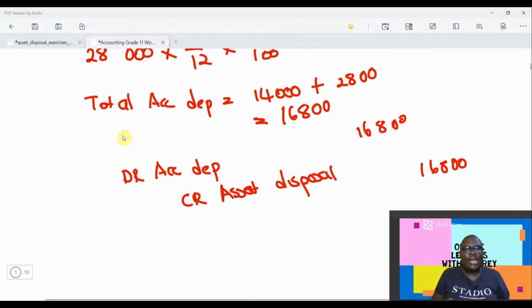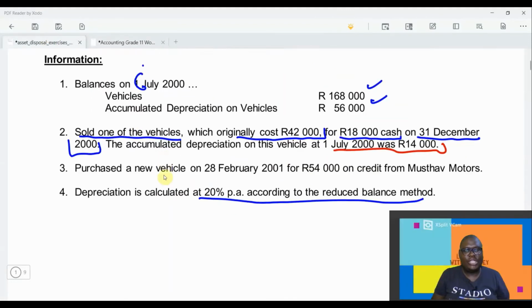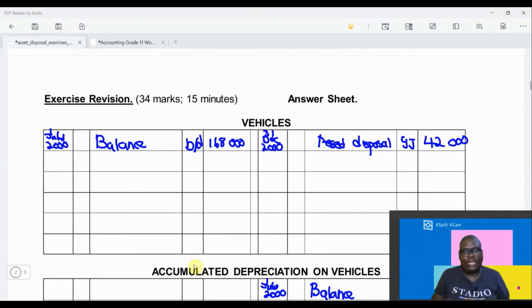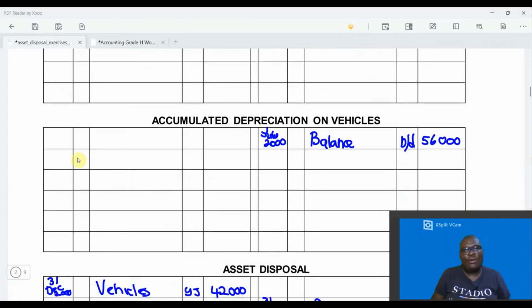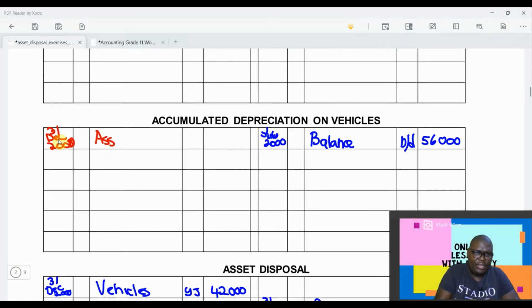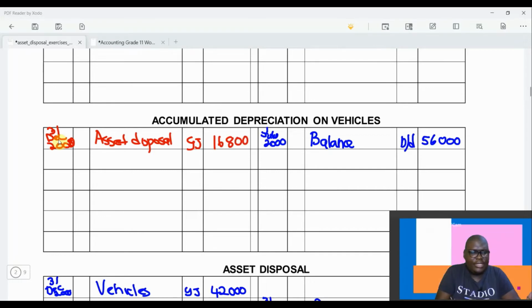Okay, now we're going to go to the accumulated depreciation account. Remember, because we are disposing, the accumulated depreciation account should be reduced. And when was this vehicle sold? On 31 December. So here, on 31 December 2000, sorry, we're going to have asset disposal. This information is from the general journal, and the amount is 16,800.